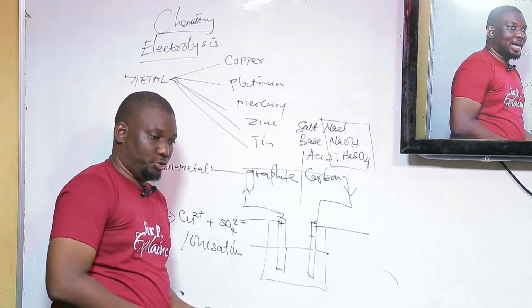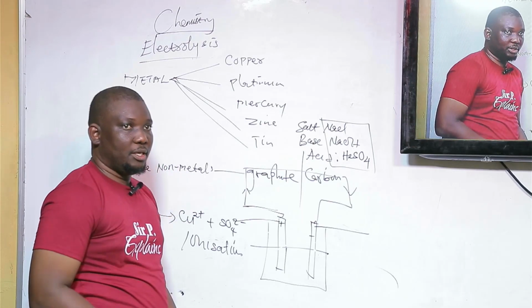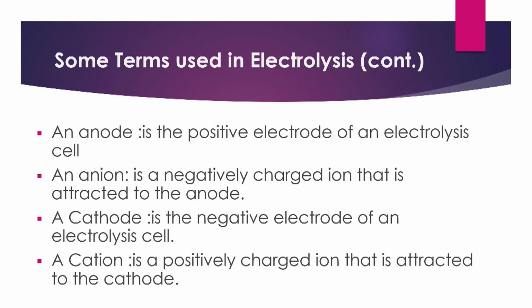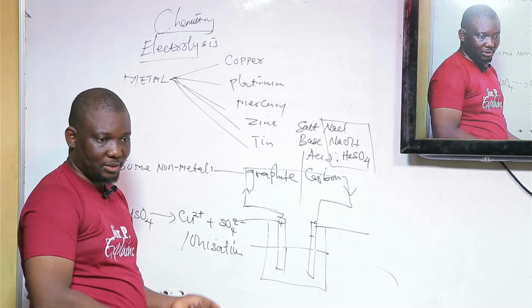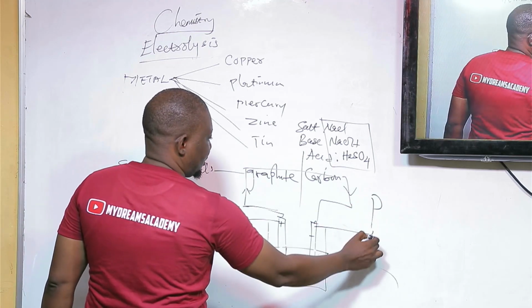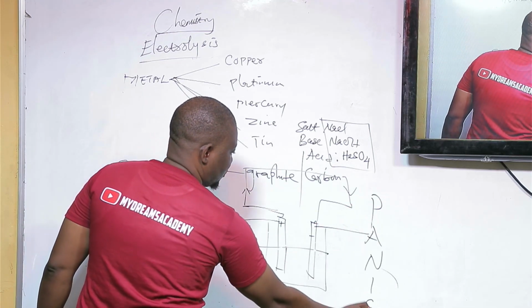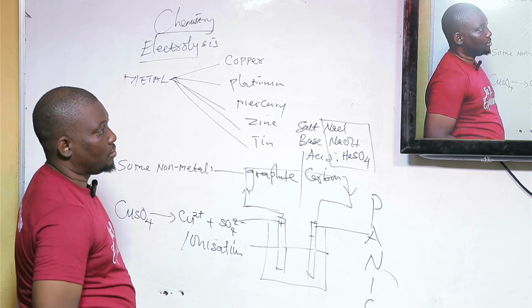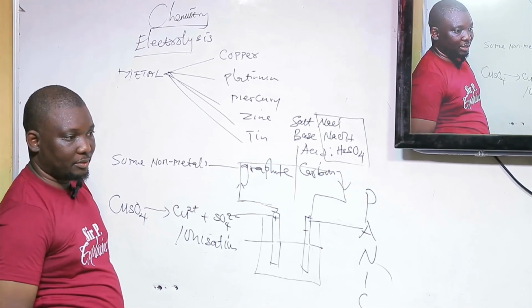Okay, an anode. An anode is a positive electrode of an electrolytic cell. Sometimes I would like you to understand this. Maybe in an exam, use a mnemonic to memorize the anode, anion, cation, and cathode reactions. Sometimes I test students on this. What do you call this? PANIC.